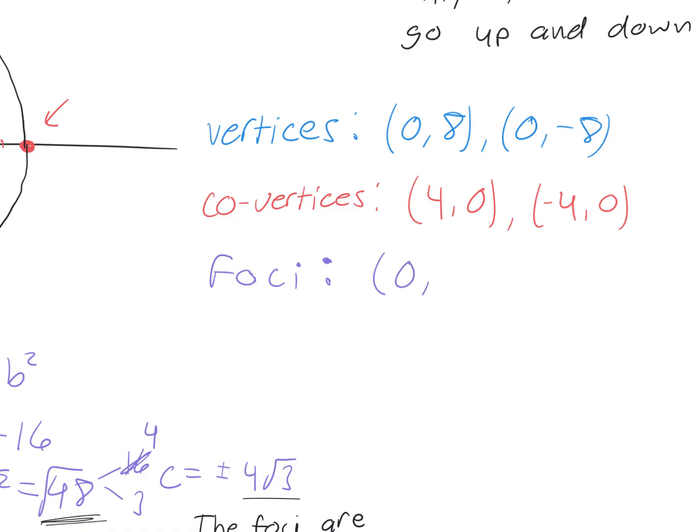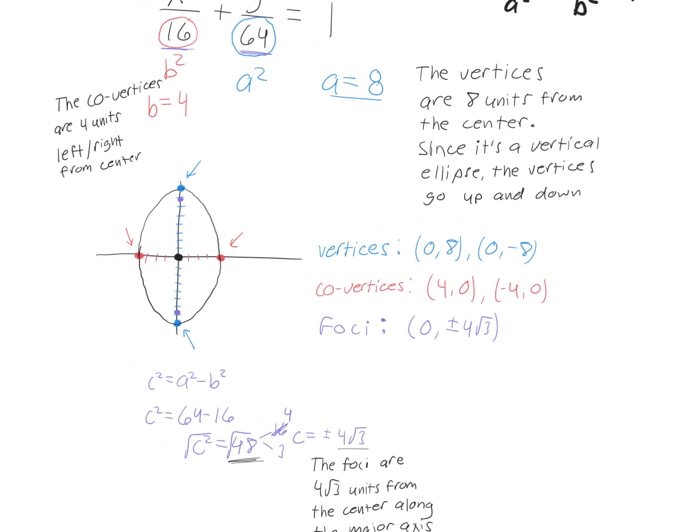It's 0 for x for both of them. And then you can leave it as plus minus 4 square root of 3. You could write it as 2 separate ones, but you can just leave it like that. And then that's all the necessary information we needed for that.